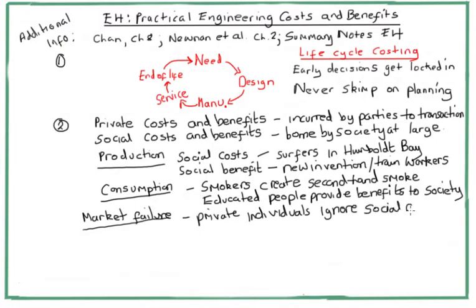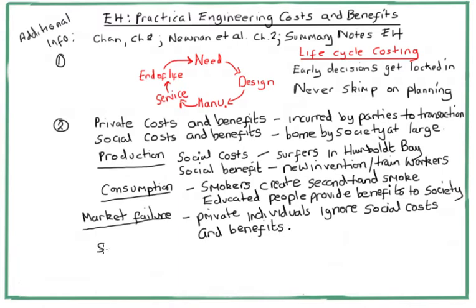And so you get the result that a free market will lead to excess production of goods with costs and underproduction of goods with external benefits.